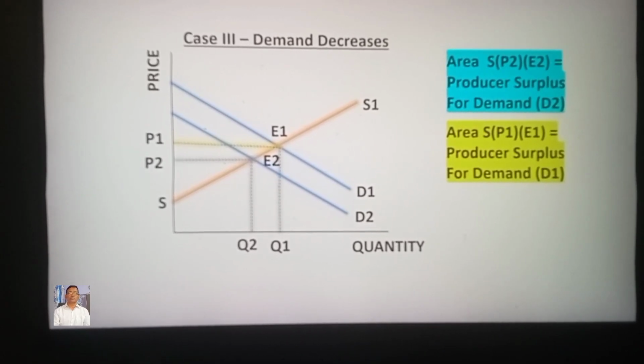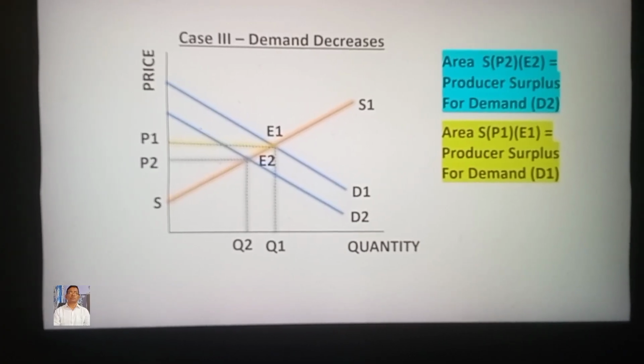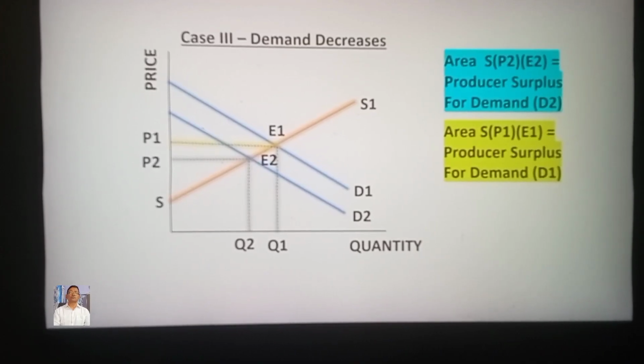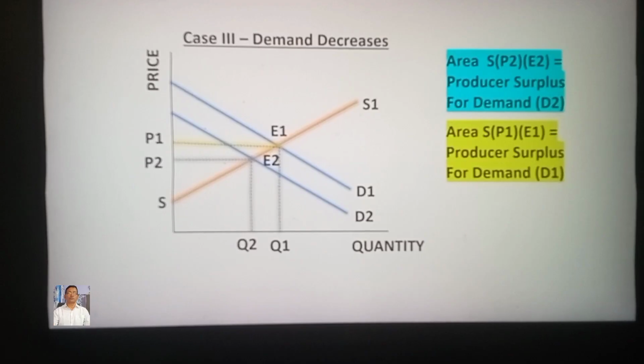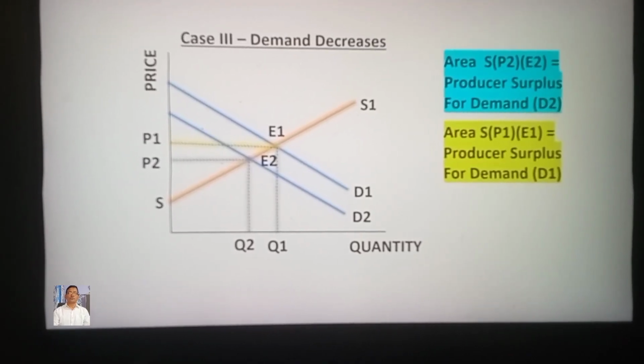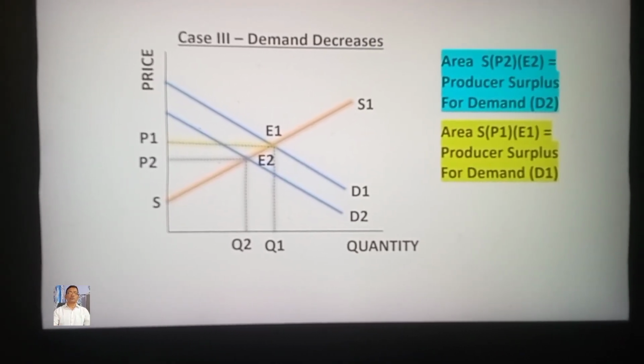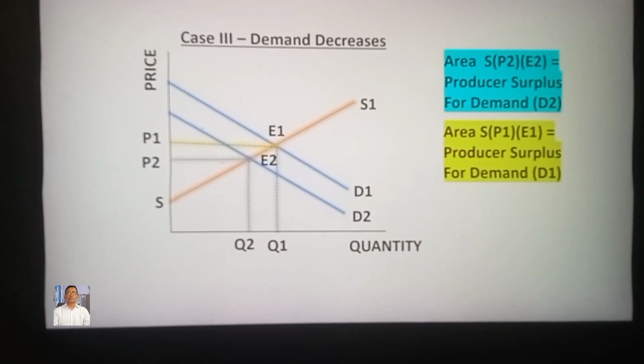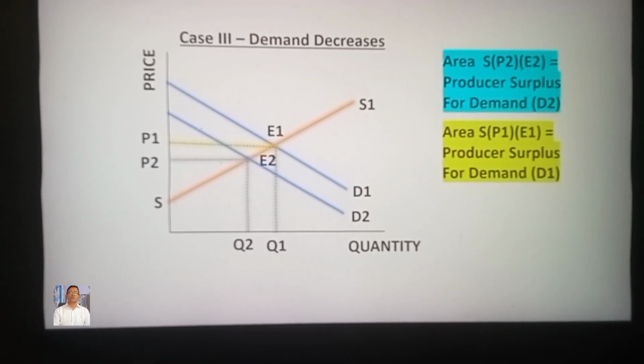This is because a lower price means that fewer firms will be able to carry on supplying the good or service at the same quantity or at all due to their inefficiencies. Therefore, the number of producers that are willing and able to supply the goods or service at a lower price than the market price decreases. This means that producer surplus decreases.